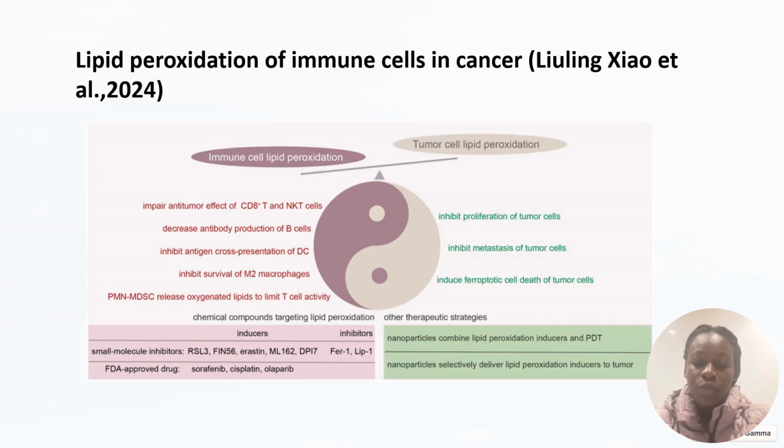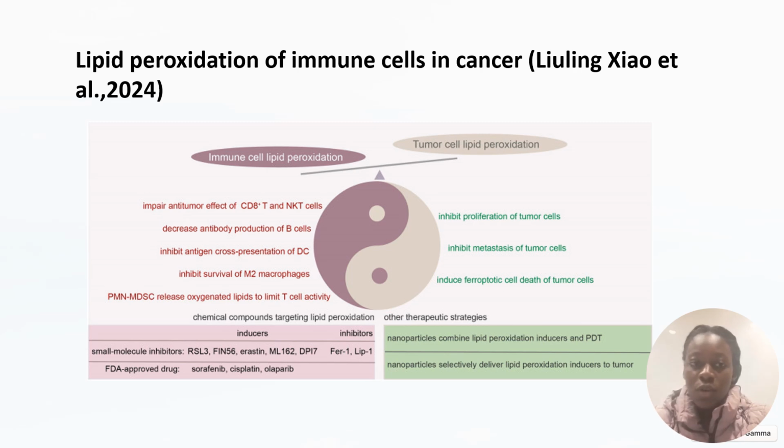We have talked about how lipid oxidation, peroxidation, ROS, and other products like MDA and HNE affect cancer development, progression, metastasis, the cancer risk, as well as cancer prognosis.